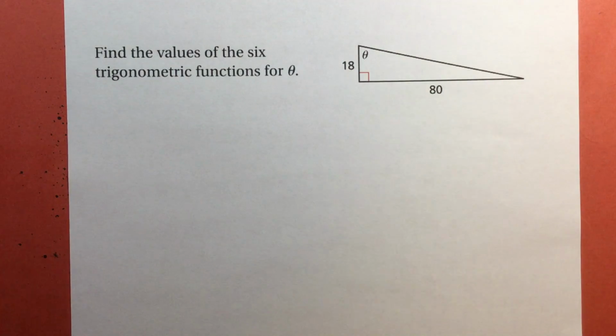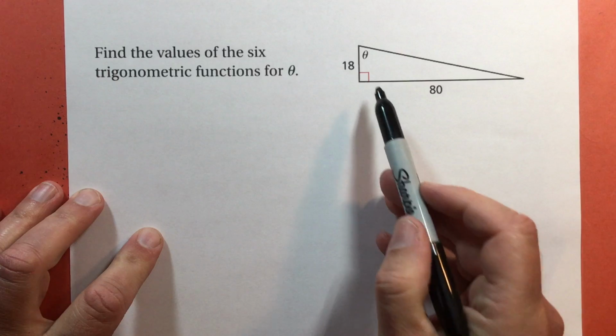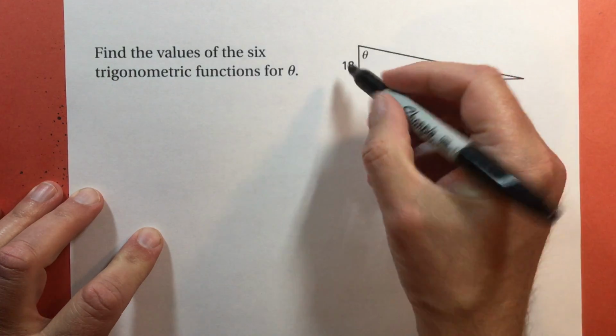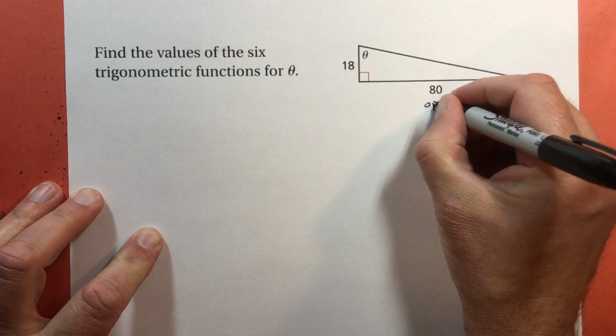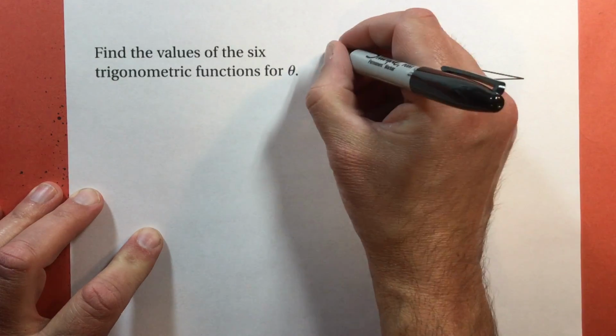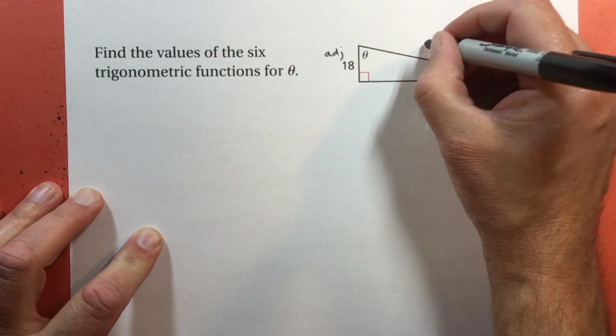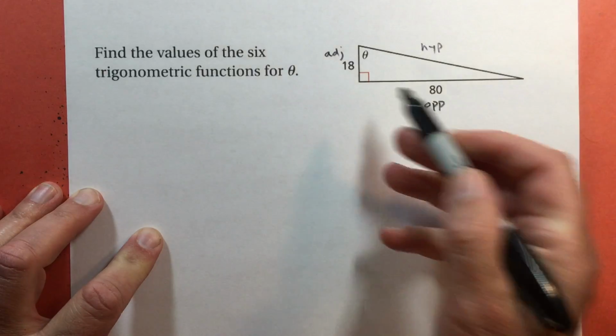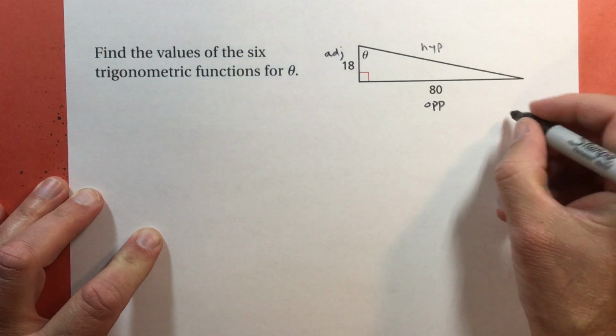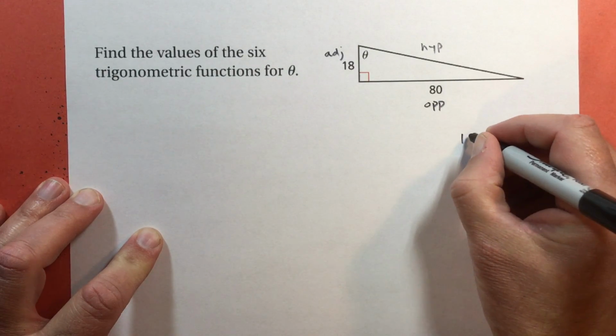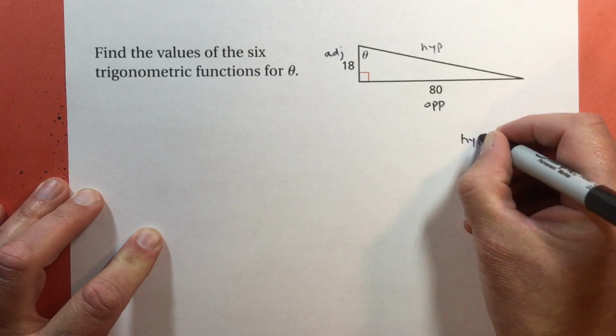Okay, so again, I've got angle theta. This is the side opposite of theta. This is the side adjacent to theta. And this is the hypotenuse. I need to figure out what the hypotenuse is. I'll write it this way.